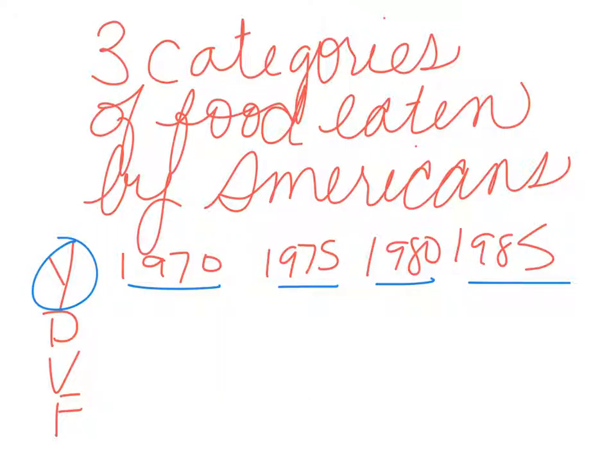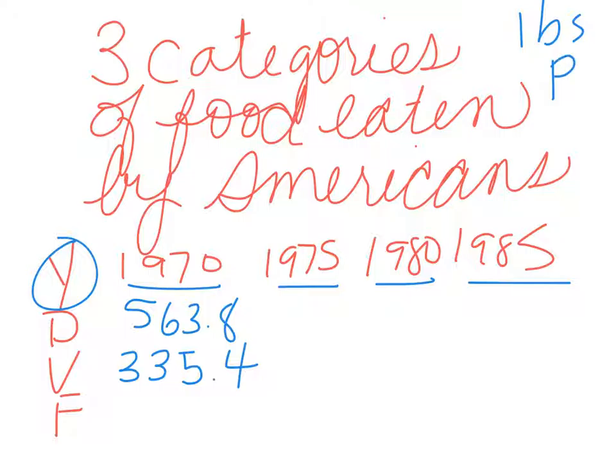We would have a category of dairy, so let's say we have 563.8. It's the amount of dairy that was consumed in 1970. Okay, so this is pounds per person.